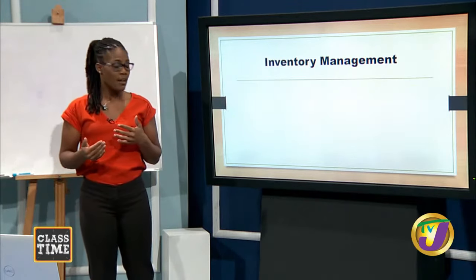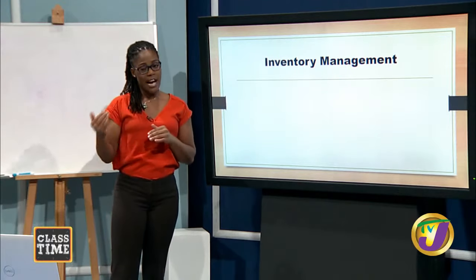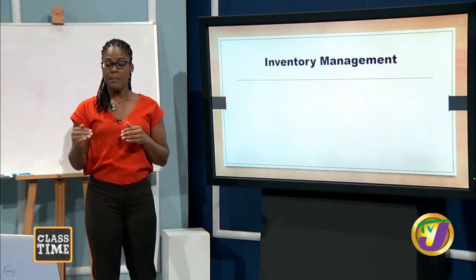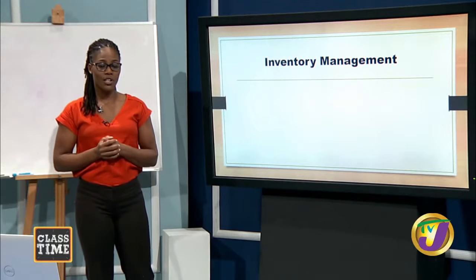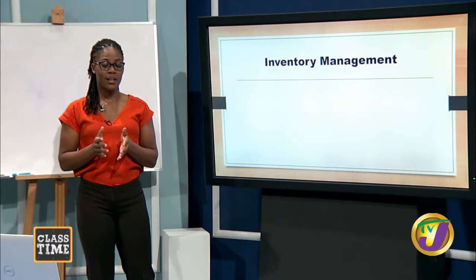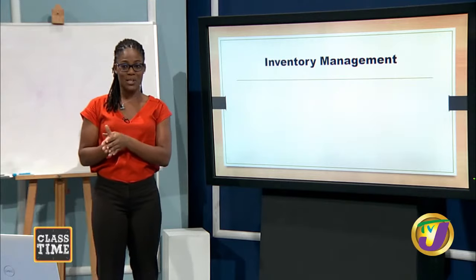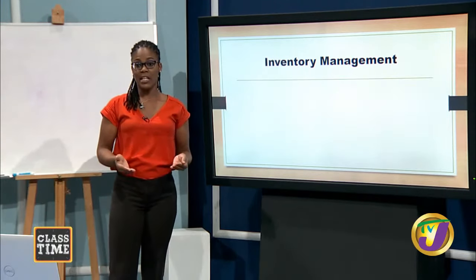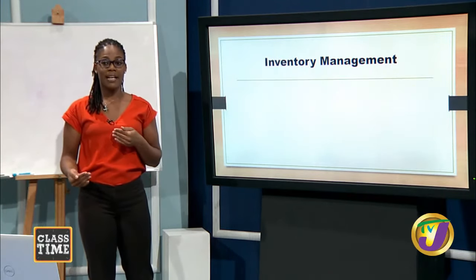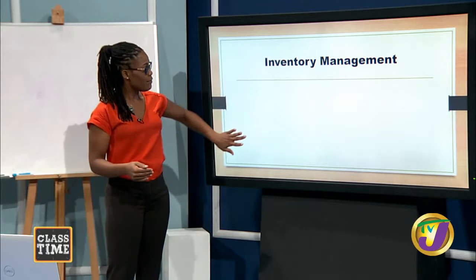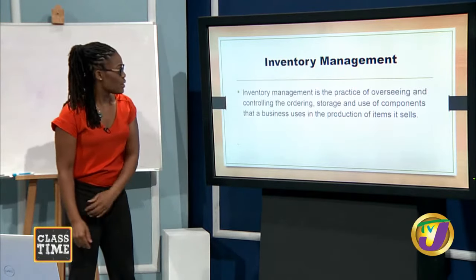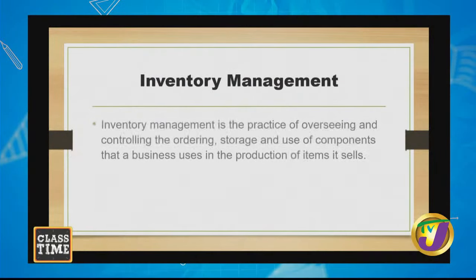You lose money, right? Now, on the other hand, if you understock, then it means you cannot meet the needs of your consumers. And of course, consumers have choices, so they will go elsewhere. So apart from losing money, you're losing your share of the market, and that's bad for business. So inventory management is crucial to the supply chain system.